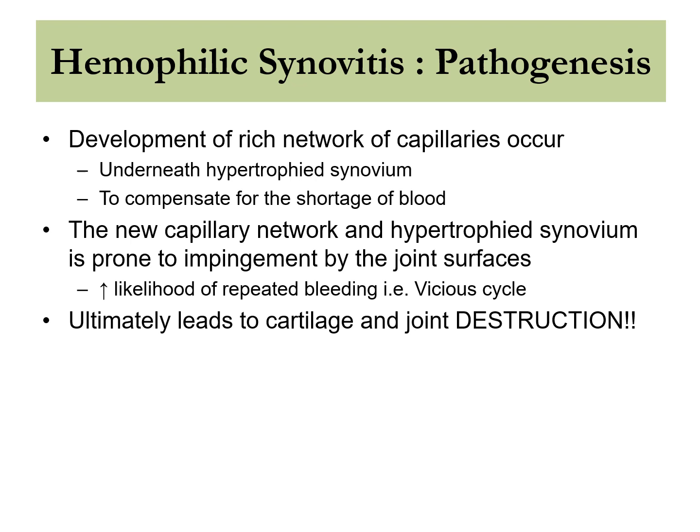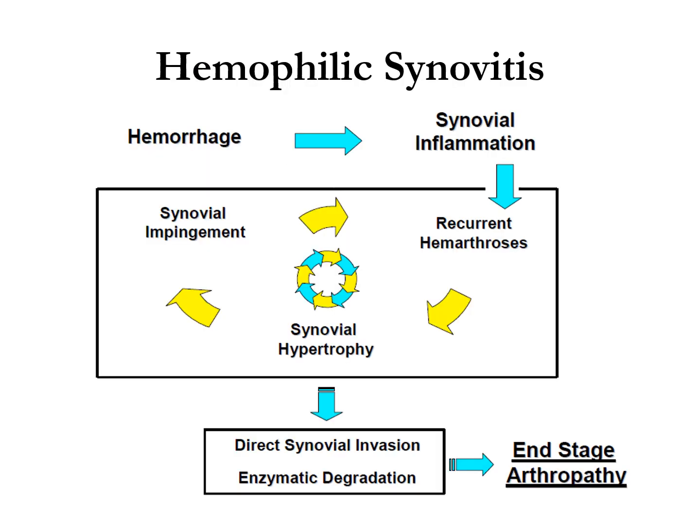The new capillary network and hypertrophic synovium are prone to impingement by the joint surfaces. This will also increase the likelihood of repeated bleeding and cause a vicious cycle. Ultimately, it will lead to cartilage and joint destruction.